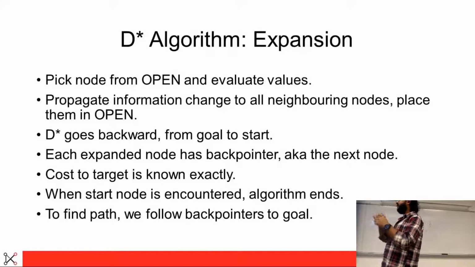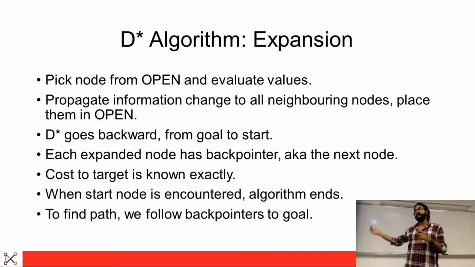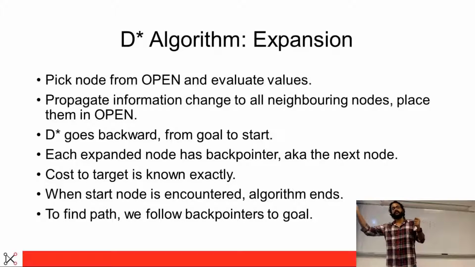As you open or evaluate each node, you have a back pointer. Why is this a back pointer? Because you're going from goal to start, which means that after you have planned, going from start to node, they are just straight pointers. Every node has its back pointer, which is the next node to go to.